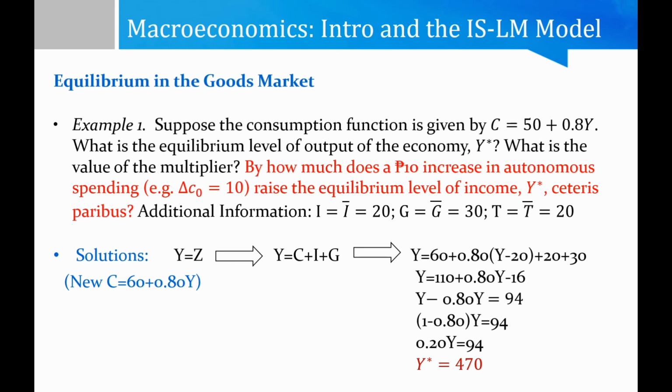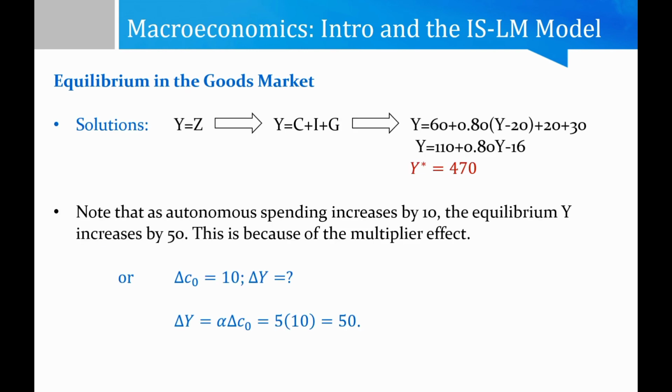Meaning, the equilibrium level of output increased by how much? Increased by 50 units. From 420 earlier, now it becomes 470. So the difference, or what it increased by, is 50 units. Note that as autonomous spending increases by 10, the equilibrium Y increases by 50.